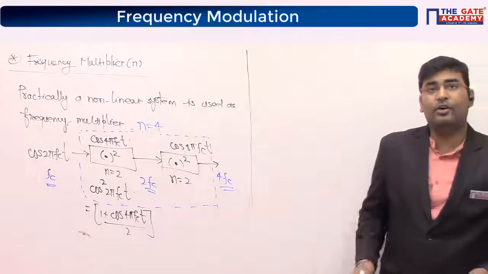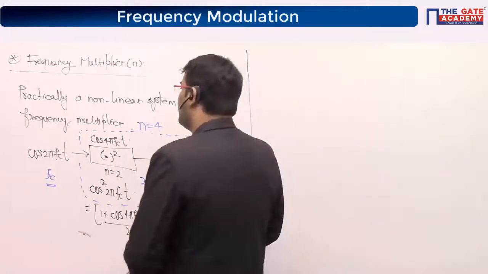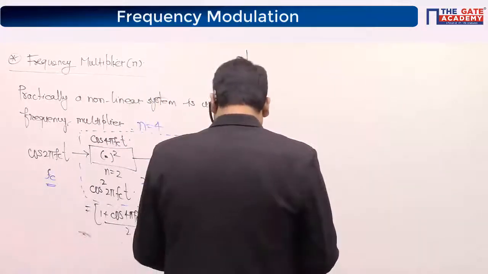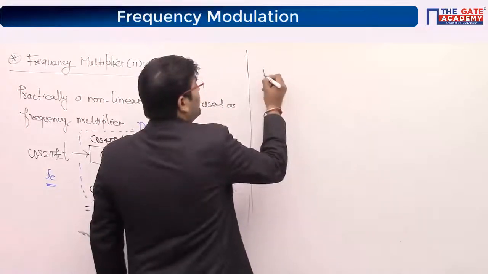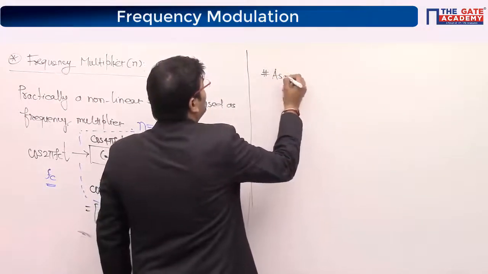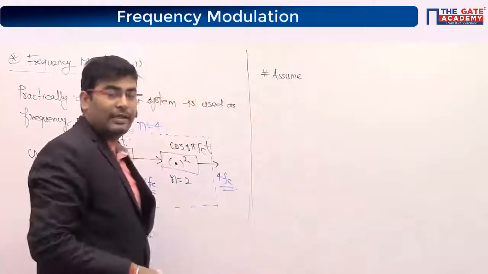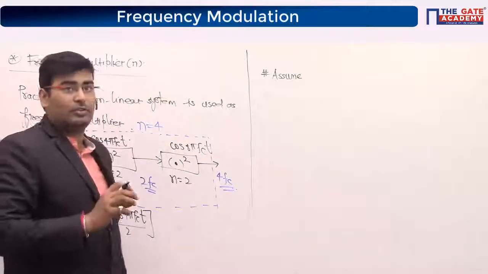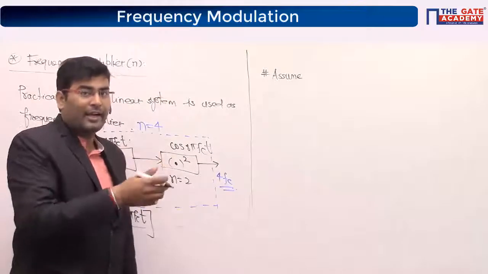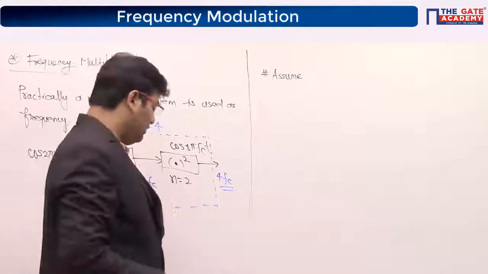So, if I go into the equation of frequency modulation, I can say, first pointer, assume, so I'm going to do this to a narrowband FM, and that is the area where GATE asks questions. So please write it down.